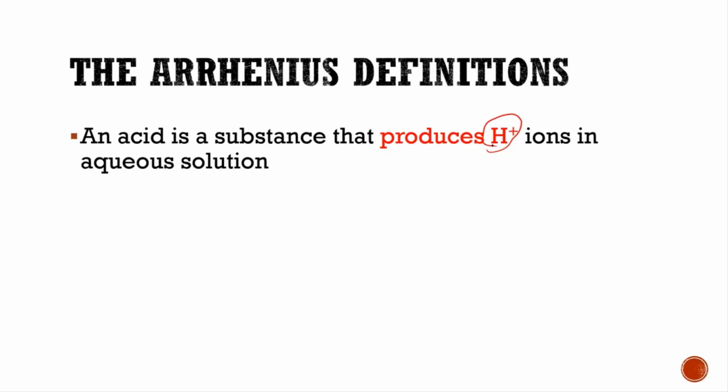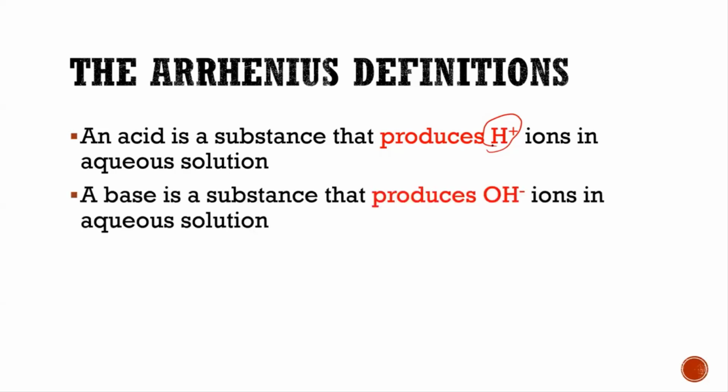So a lot of times, the hydrogen ion is referred to as a proton. So an acid is anything that releases a proton in water. A base is anything that will basically dissociate and produce a hydroxide ion. So this is how a base can be defined, something that produces a hydroxide ion.